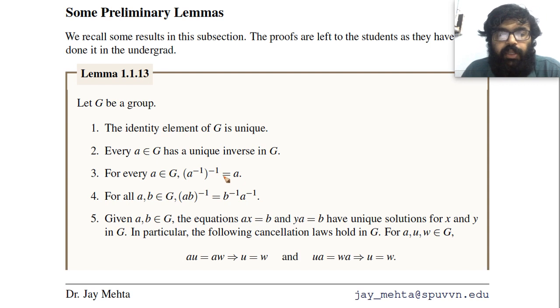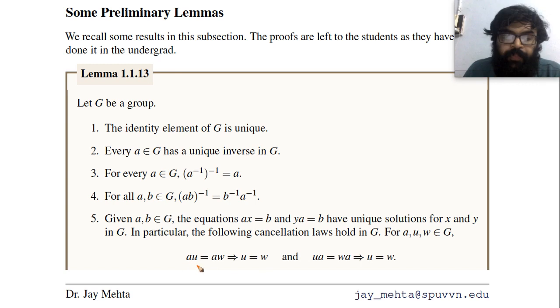The inverse element is unique. The inverse of A inverse is A, and (AB) inverse is nothing but B inverse A inverse, and then the cancellation laws. So for A, B in G, the equations AX equals B and YA equals B have unique solutions for X and Y, and in particular the cancellation law holds.